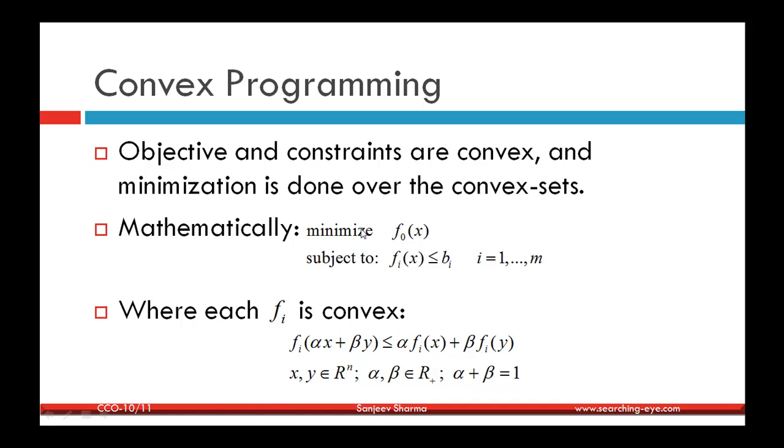If any of the f_i's, including the constraint functions and f_0 of x, violates this condition, then the problem is a non-convex problem.